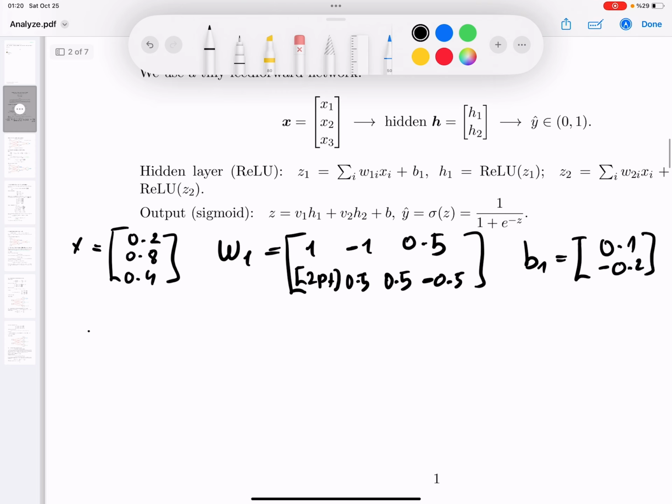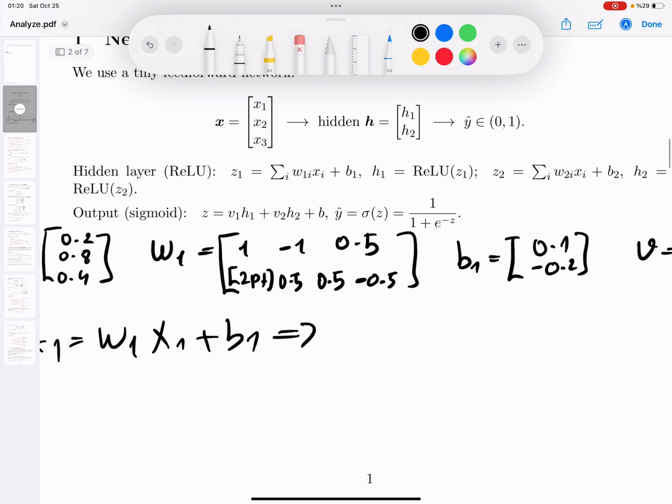And if we calculate Z1, you see V1 times X1 plus V1. So it's supposed to be 1.